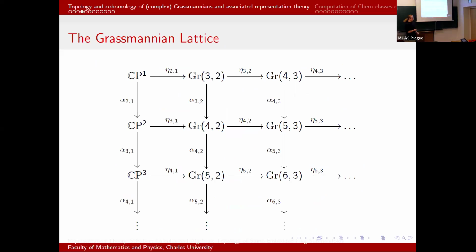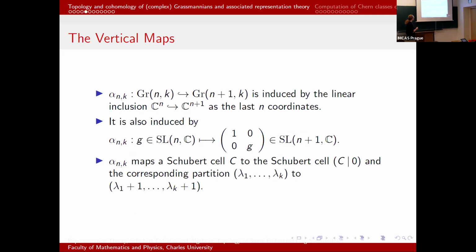So now, before we begin to describe the process of computation of the Chern classes of the normal bundles, we need to consider the whole Grassmannian lattice. By lattice, I just mean this net of Grassmannians and their inclusions. So I will describe the maps alpha and beta right now.